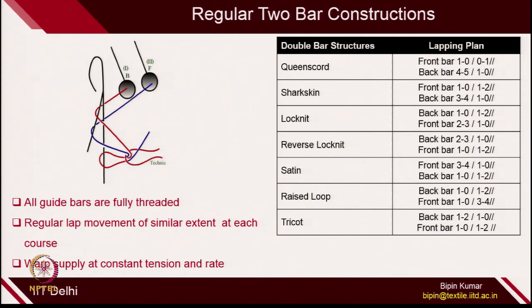apparel and lingerie. Other structures also give some specific properties. If you go for queenscord, it has no underlap in the front bar, so the structure is very rigid, while the back bar has very high underlap. Despite that, since the front bar is making pillars, there is zero flexibility in the structure and it is very rigid.